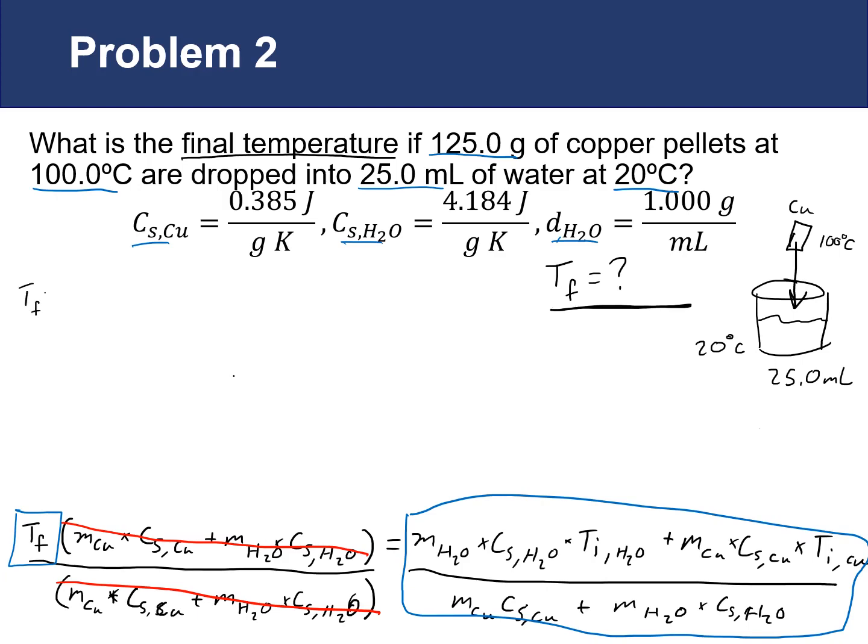Our temperature final is equal to the mass of water, which is 25 milliliters times 1 gram per mL, which would be 25 grams. So 25.0 grams times the heat capacity of water, 4.184 joules per gram Kelvin, times our initial temperature.